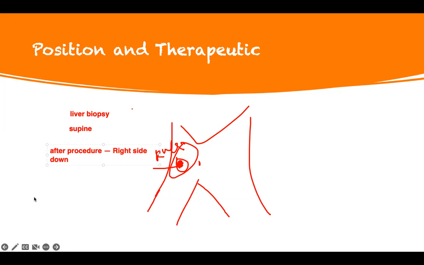The liver is a very vascular organ that receives all the blood from the lower extremities and the abdomen and sends it to the heart through the IVC, inferior vena cava. So if you stick the liver and you don't apply pressure, bleeding will happen.